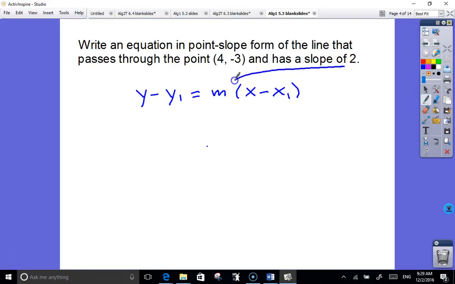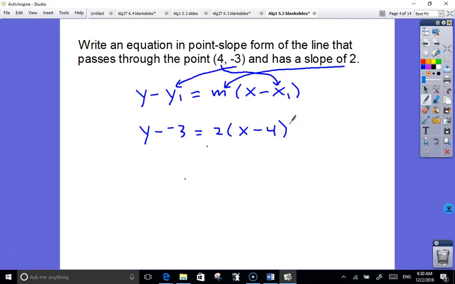The 2 is going to go here, -3 will be y1, and 4 will be x1. Perfect. So we write y minus -3 equals 2 times x minus 4.